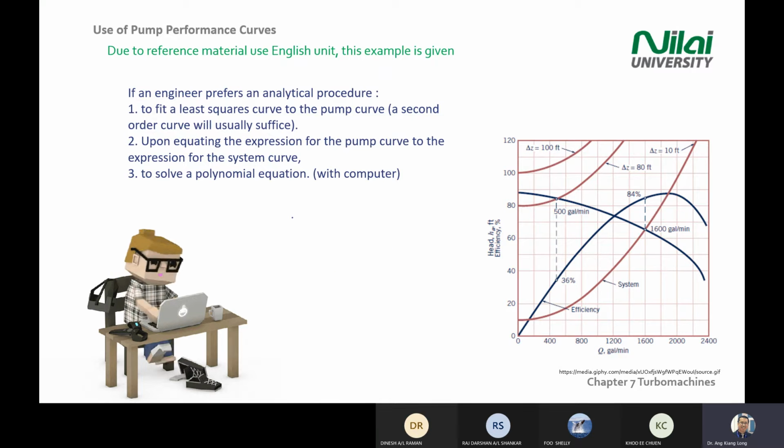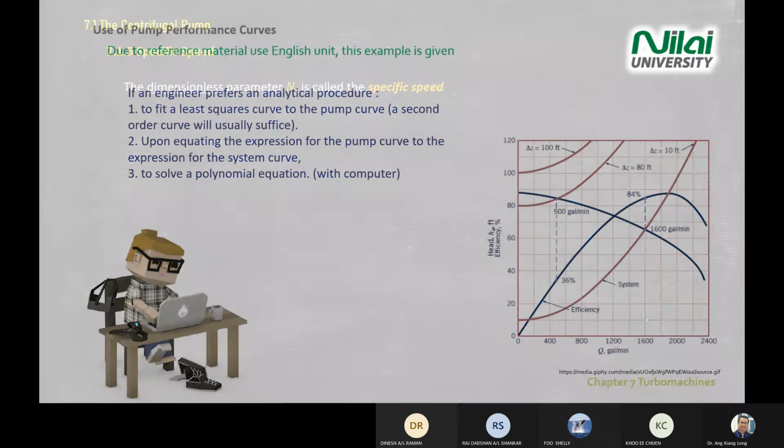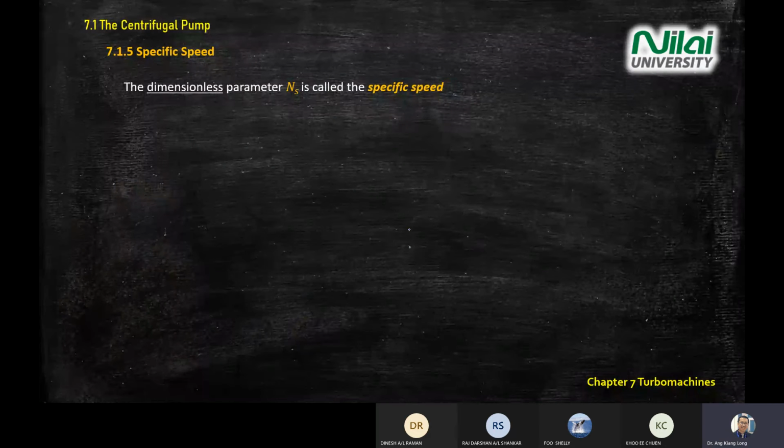If you work in a company later with pumps, normally the pump supplier will give you software that you can use to plot the graph like what you see today. You just need to key in the parameters of the system, then the system will plot the graph and give you all the answers straight away. Let me watch the time.